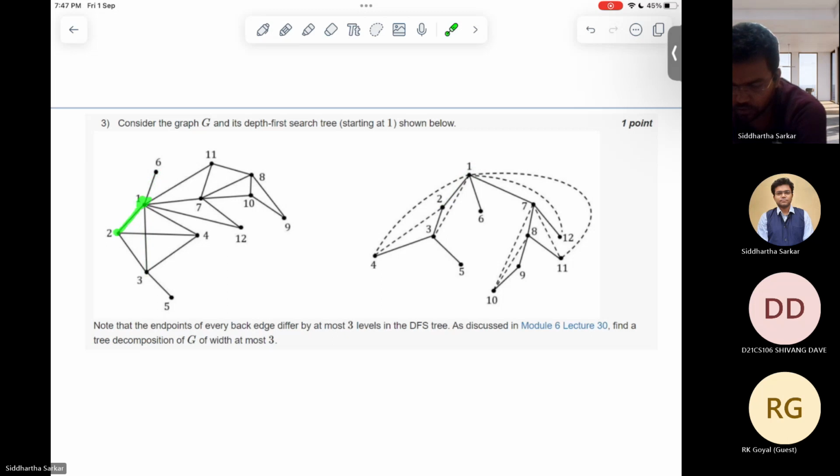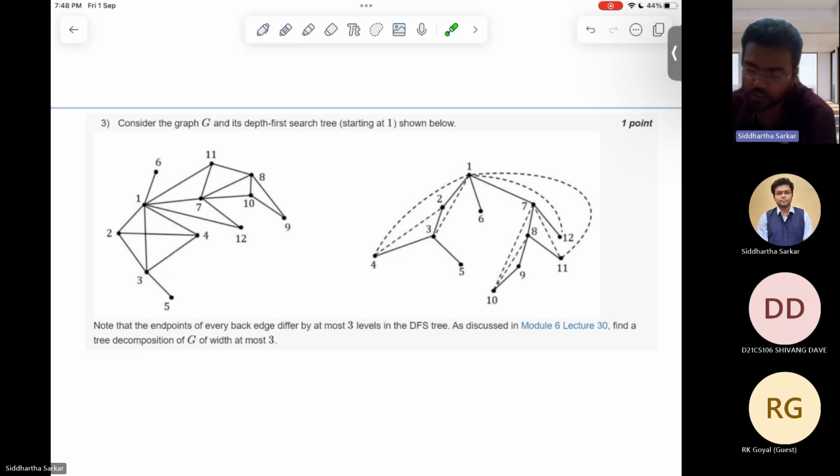From 2, you can go to either 4 or 3. Here it is going to 3. From 3, you have two choices, 4 and 5. So you go to 4. But if you go to 4, then 4 again has neighbors 1 and 2. But 1 and 2 are already visited. So that is why you have a back edge.